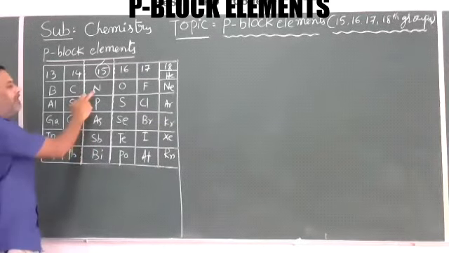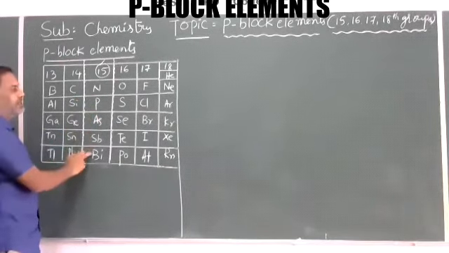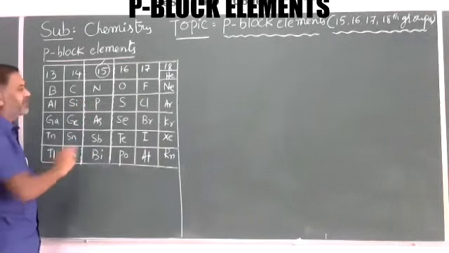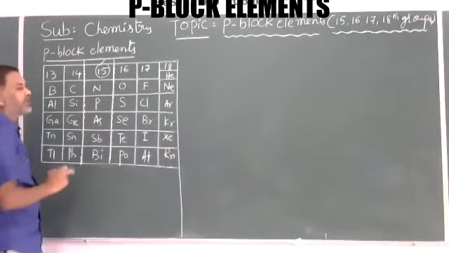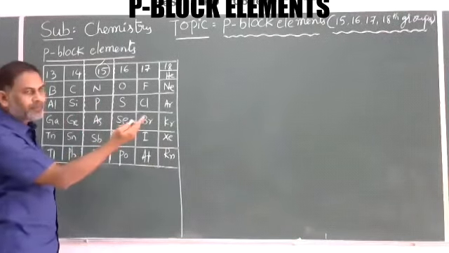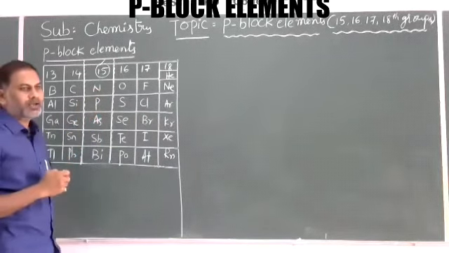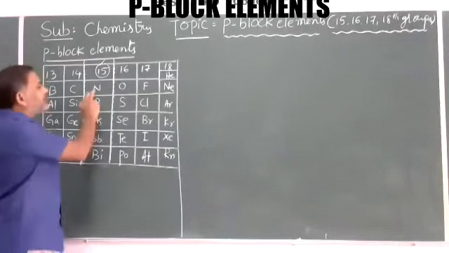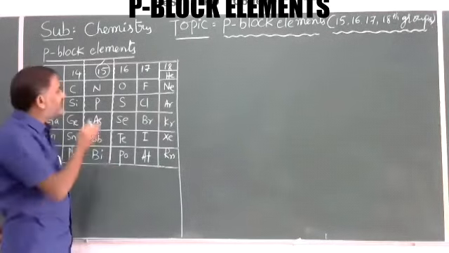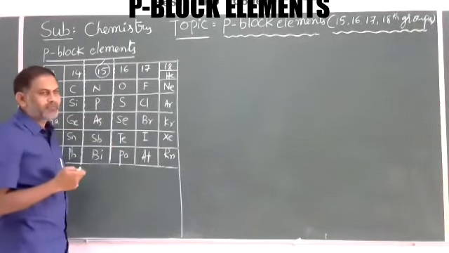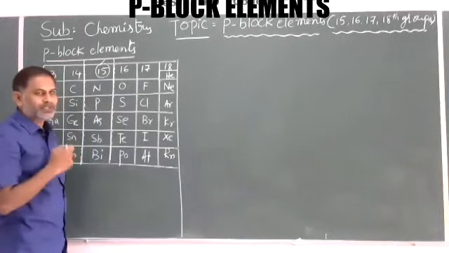The occurrence of nitrogen, phosphorus, arsenic, antimony and bismuth was clearly given in the last class. Nitrogen generally exists as a gaseous diatomic molecule, 78% by volume and 80% by mass in atmospheric air, and in the earth's crust. In the earth's crust nitrogen exists as nitrates, potassium nitrate and sodium nitrate, Indian saltpeter and Chile saltpeter, two examples given.